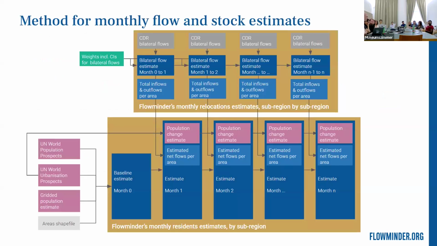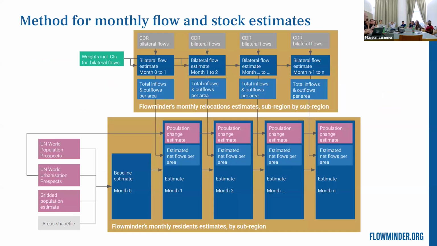In a nutshell, in one visual, this is the overall picture. We start with the CDR aggregates of bilateral flows between regions, and these are quite fine-grained. There are often 60,000, 70,000 flows between sub-regions in the country, many of them in small numbers, some in medium and large size.